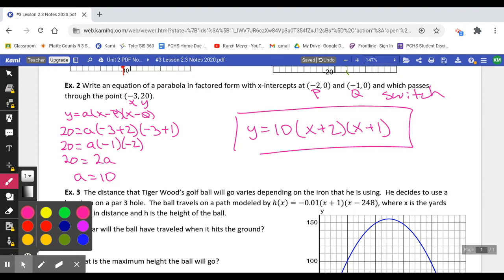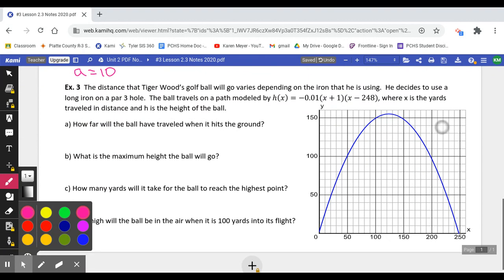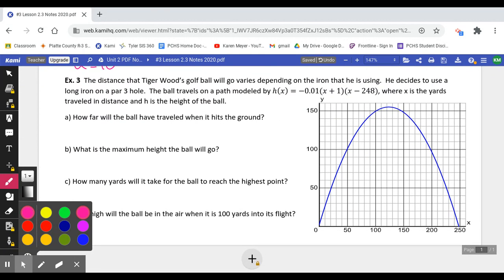And then once again, we're going to do some more word problems. Same thing as what we've been doing. It's just you're going to notice that the equation is in intercept or factored form, but I still give you the picture off to the side. So here we go. How far will the golf ball travel when it hits the ground? Okay, so it starts out at about 0. And then it goes to almost 250.